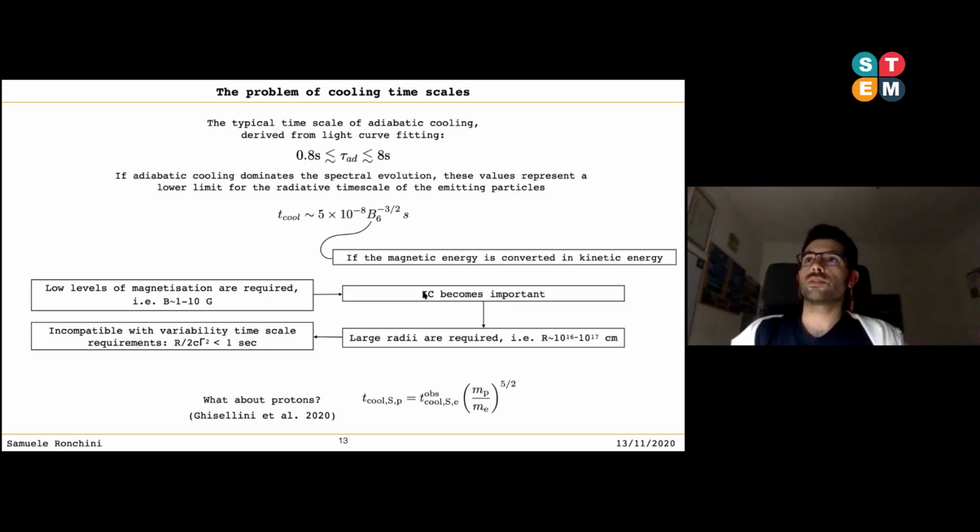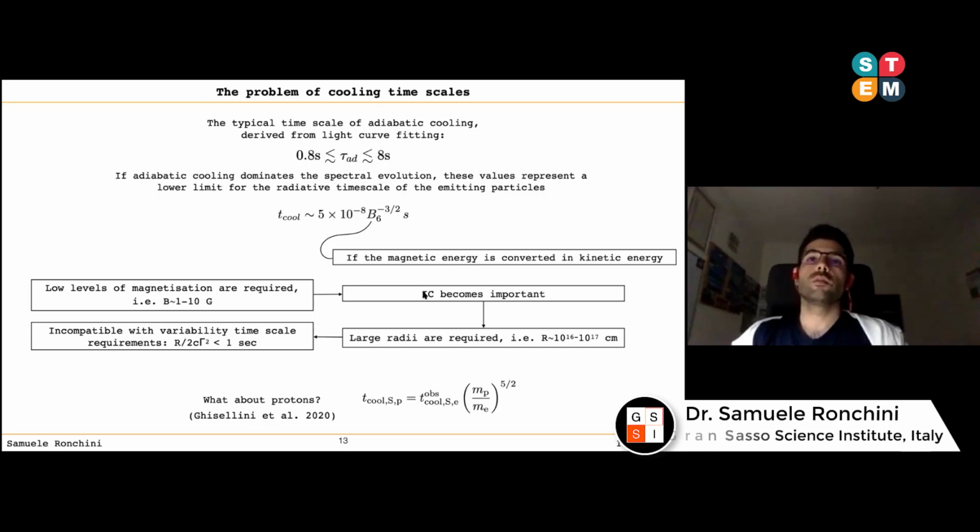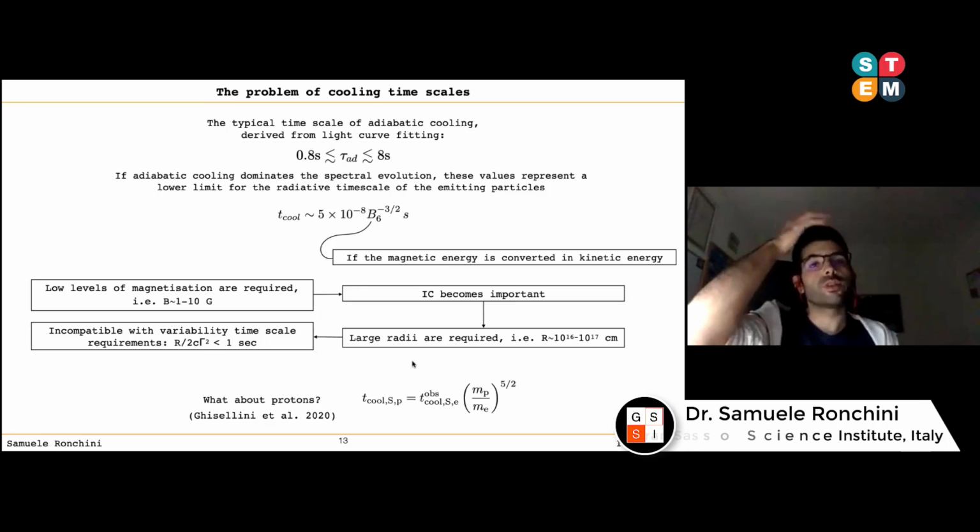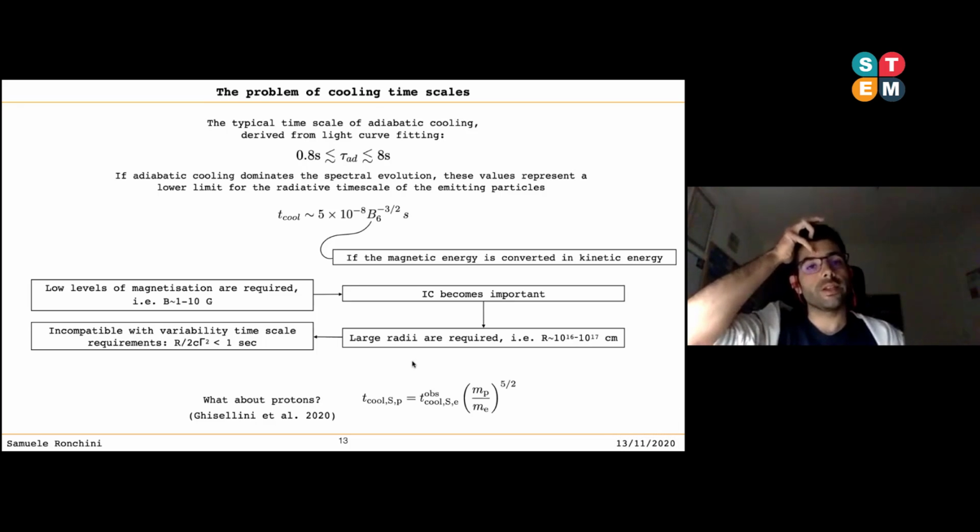So this seems to give a self-inconsistency to this scenario, but this inconsistency can be solved if we simply replace electrons with protons.